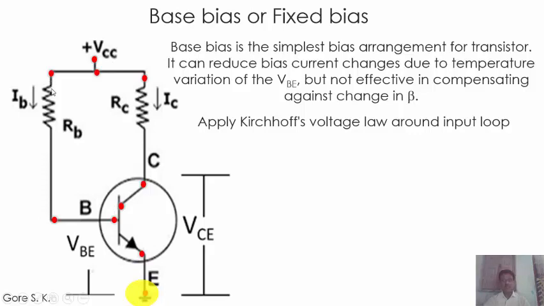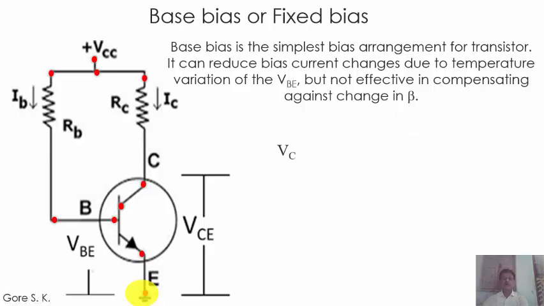When we are applying Kirchhoff's voltage law, let us go from the power supply to the ground. Now the first one is VCC. Second one is RB, IB. So the equation is VCC minus RB IB minus VBE is equal to 0. Here this is the ground, therefore at this point the voltage is equal to 0.